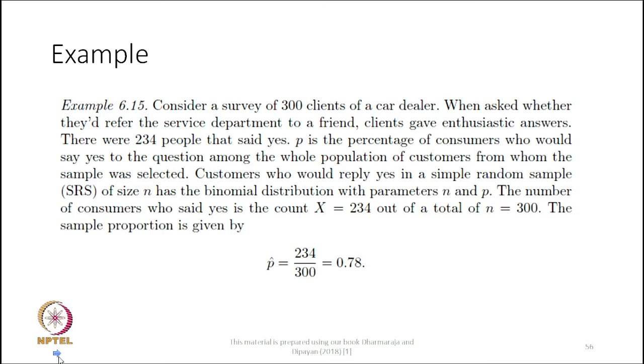The number of customers who would reply yes in a simple random sample of size n has a binomial distribution with parameters n and p. The number of customers who said yes in this count, that is capital X, is 234 out of a total of 300 people. The sample proportion, p cap, with which we are estimating p, is 0.78.